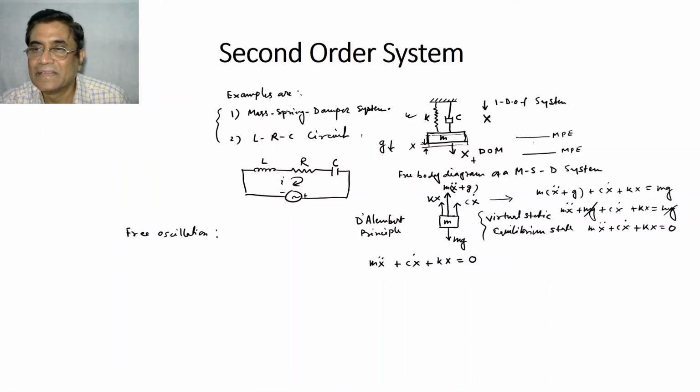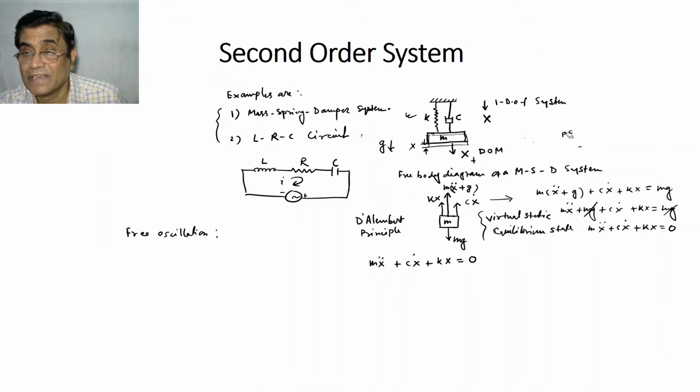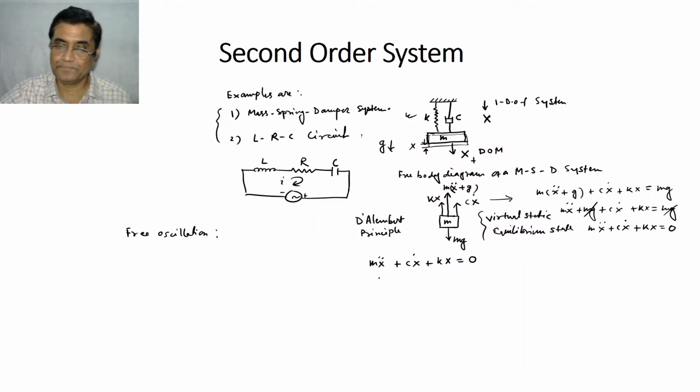Earlier, the body oscillated about this mean position of equilibrium; now it will oscillate about this other mean position. But the nature of oscillation will not change. Okay, so that's the clarification I wanted to make.